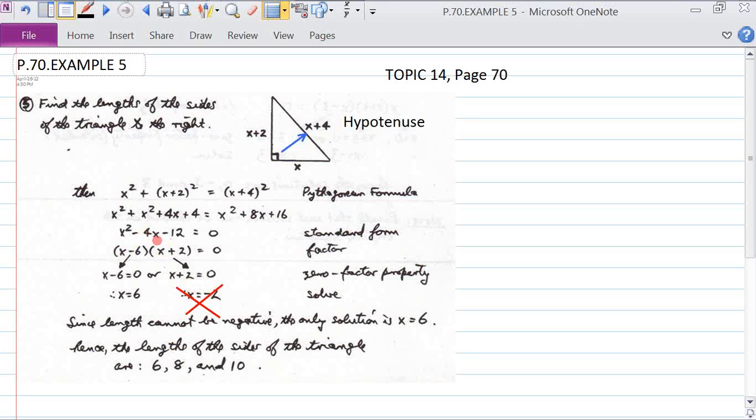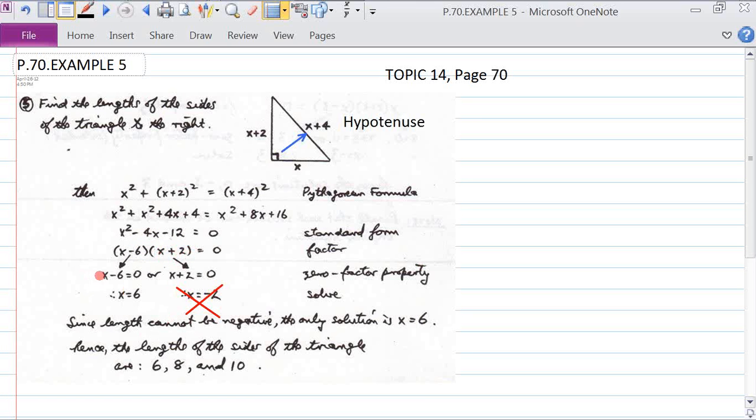So the inner and outer give me that. Now, if you choose other factors, for example, if you choose plus 6 and minus 2, you will get plus 4x here. So that's no good. You can't use 4 and 3 because you can't combine 4 and 3 as factors of 12 to give you 4. So the only way that you're going to get minus 4x here is to use minus 6 and plus 2.